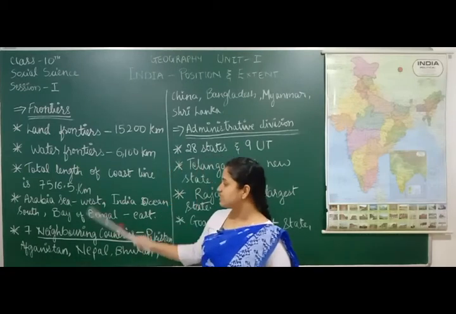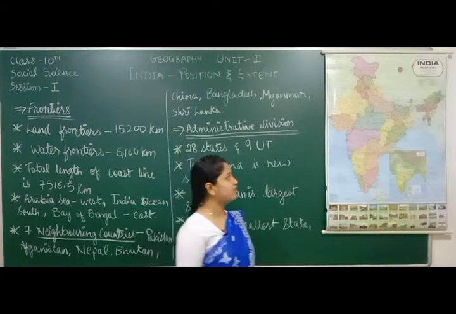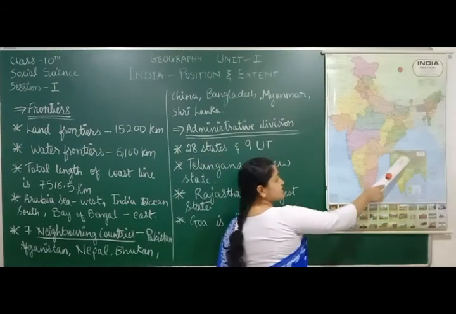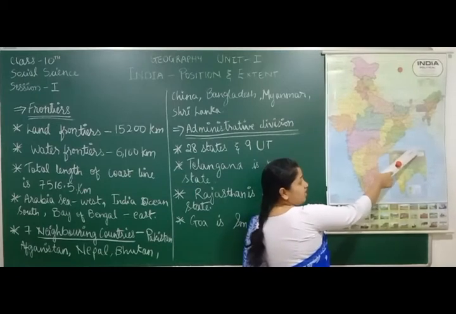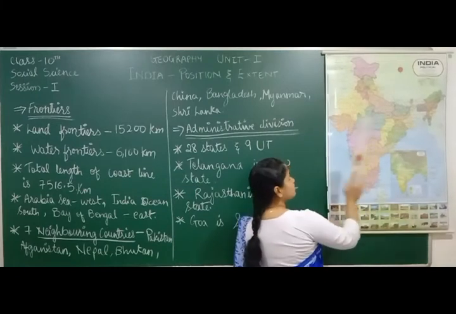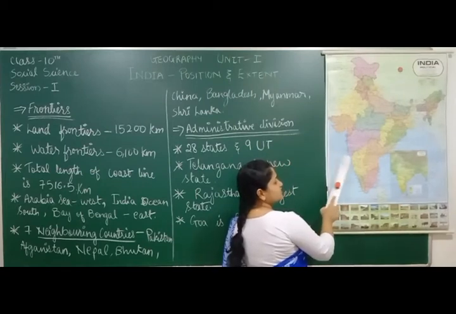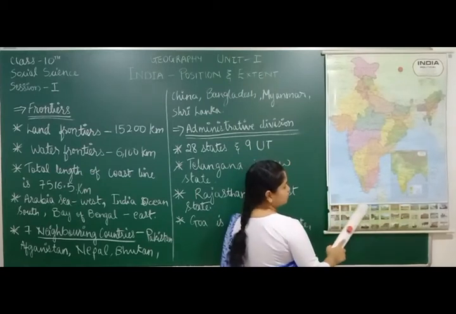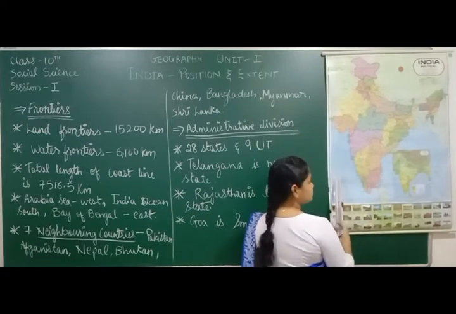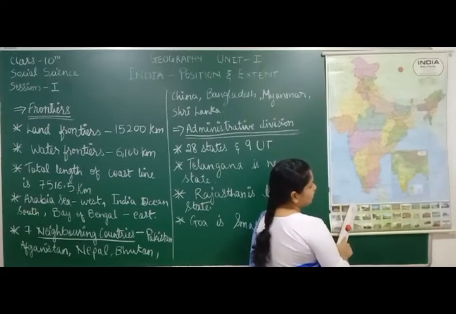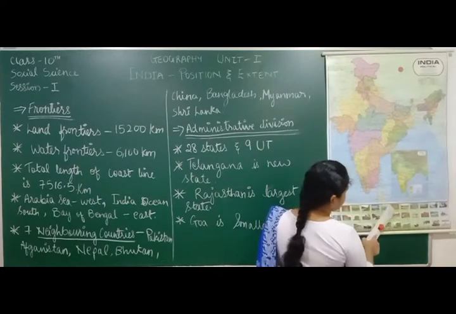So we have seas on different sides. Which side do we have which sea? This is the east side, right? On the east we have the Bay of Bengal. On the west we have the Arabian Sea. On the south we have the Indian Ocean. On the southwest we have the Lakshadweep Sea.